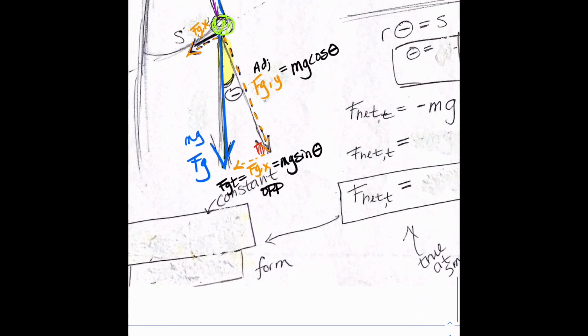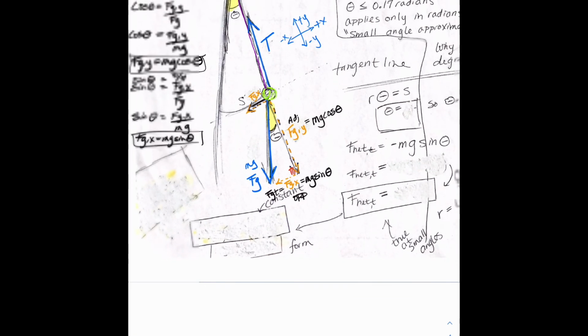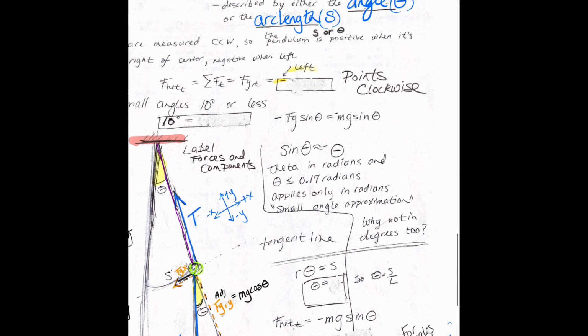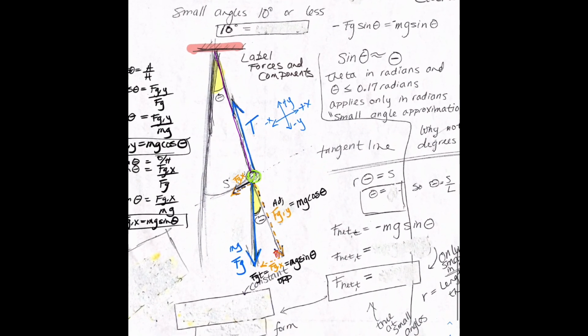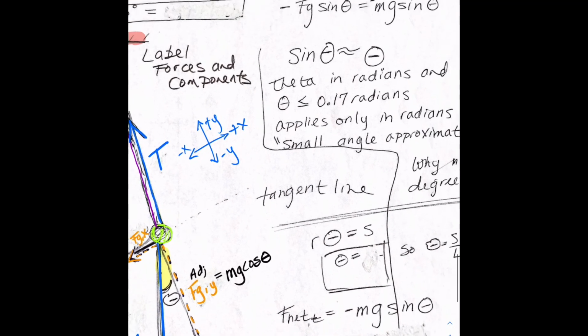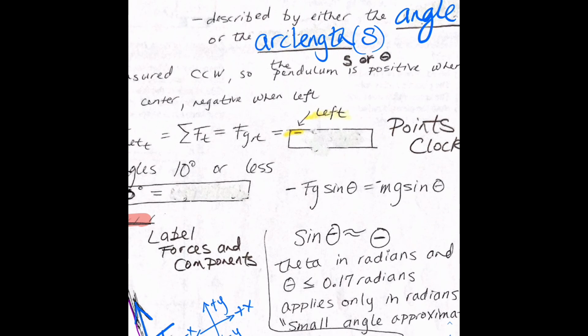Okay, so coming back to this then, before we write anything down here in this box, I actually want to bring this back up here. So we should remember that this mg sine theta, or FG tangential, does point to the left. So this is going to be negative mg sine theta when I bring it up here because it points left. And you can see I already made that notation on the page.